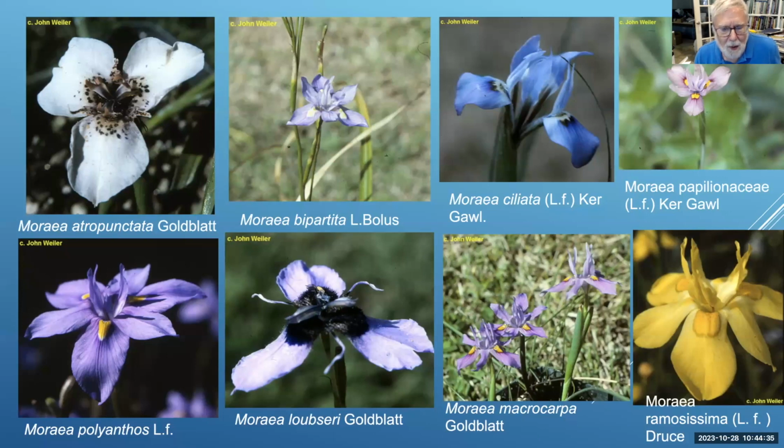Not all of the Moraeas have the iridescence, some do, but there's a lot of different forms, and they look a lot like irises for the most part. I'll let you look around a little bit at these.